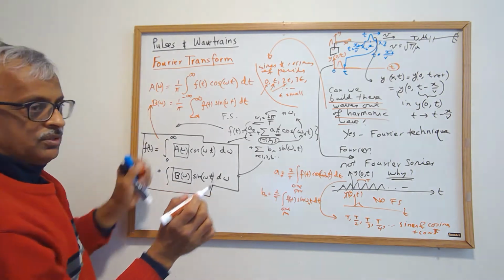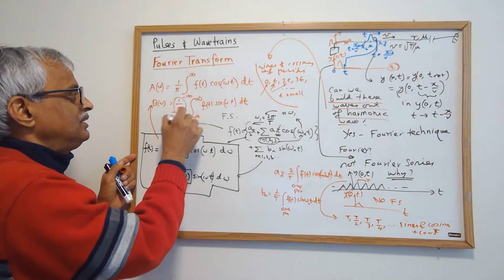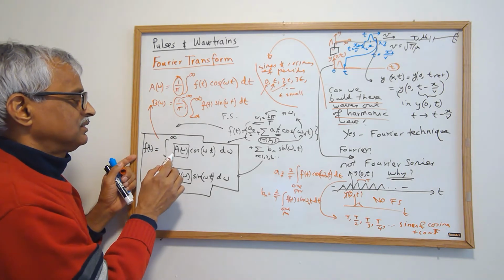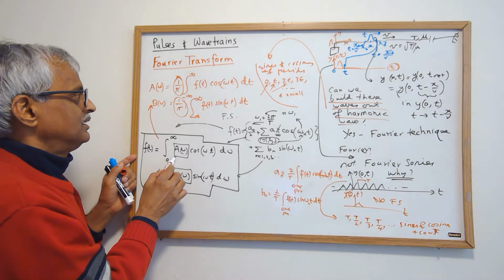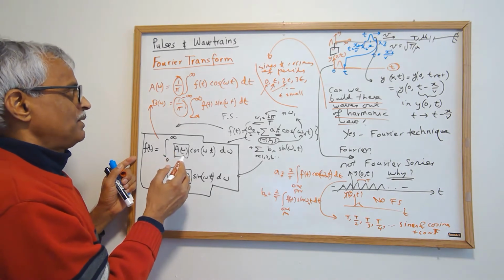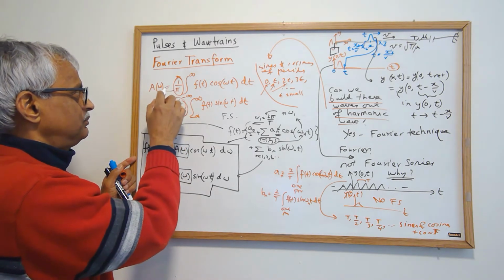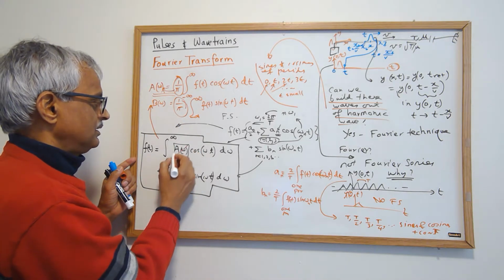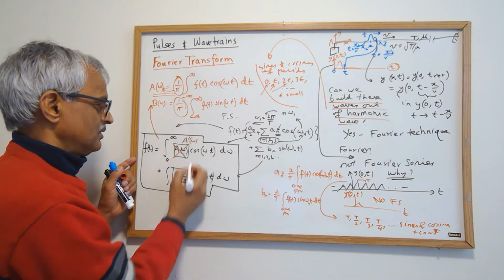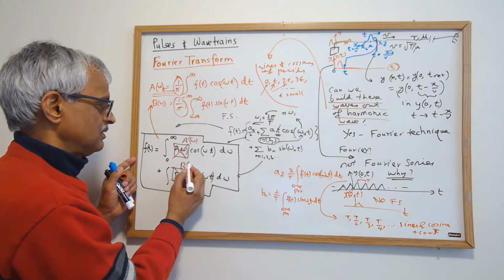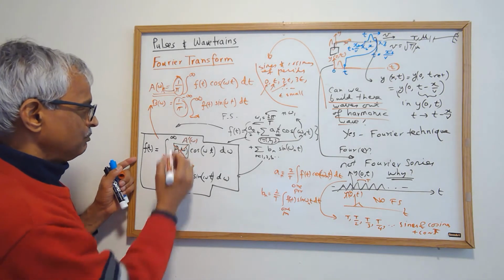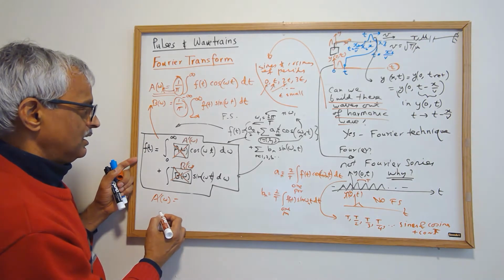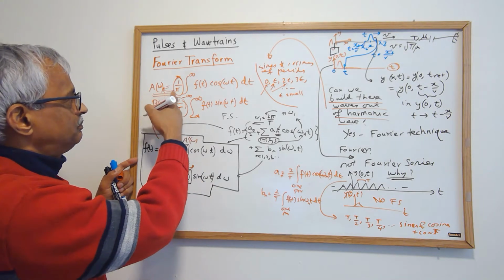It also turns out that in some books, part of that is in the definition of A omega. So you could have said, let's call it A prime omega, and let's call it B prime omega. A prime omega will be pi times A omega.